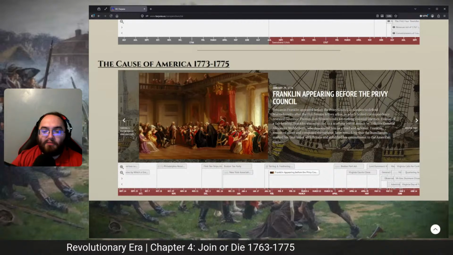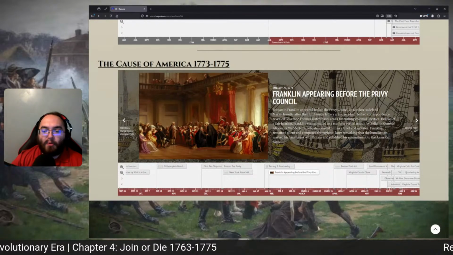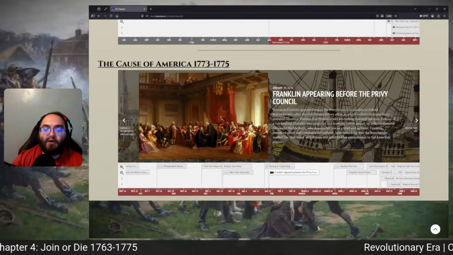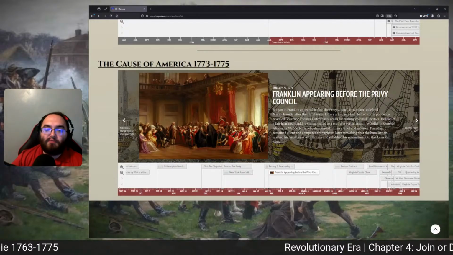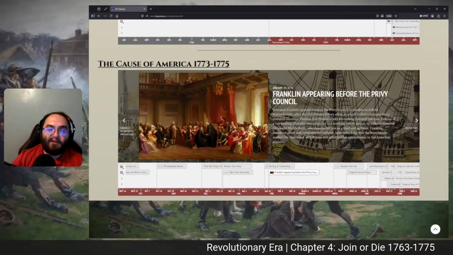Franklin remained silent and composed throughout, later remarking that the humiliation marked his final break with Britain and solidified his commitment to the American cause.